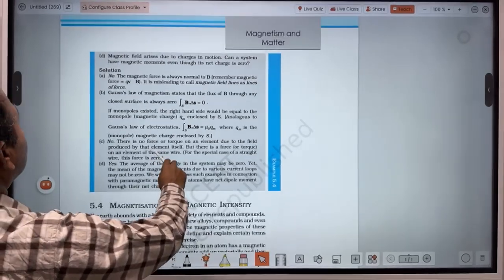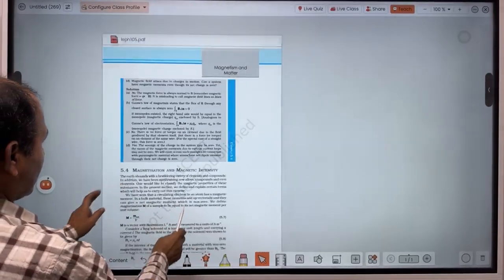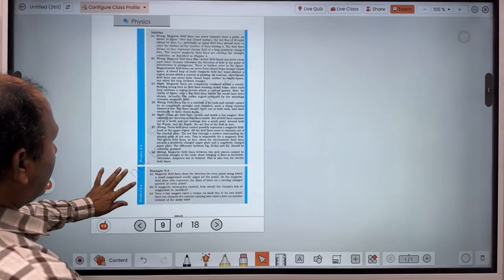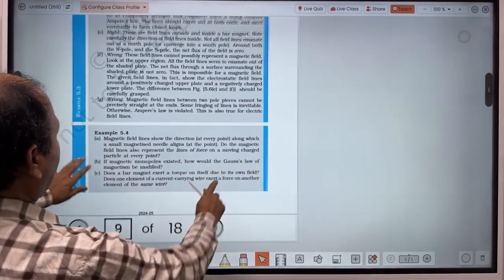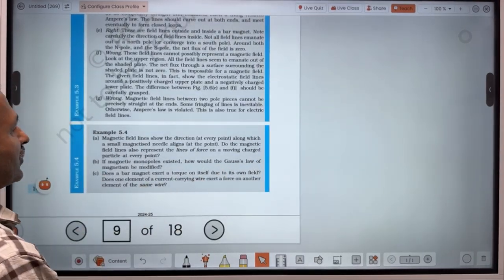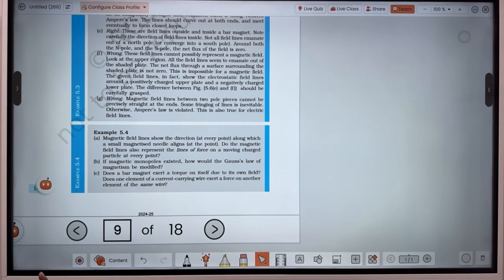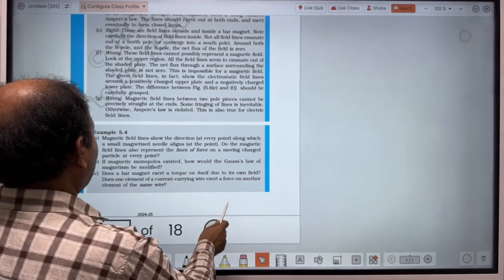And then the next point says, does a bar magnet exert a torque on itself due to its own field? Does one element of a current carrying wire exert a force on another element of the same wire?